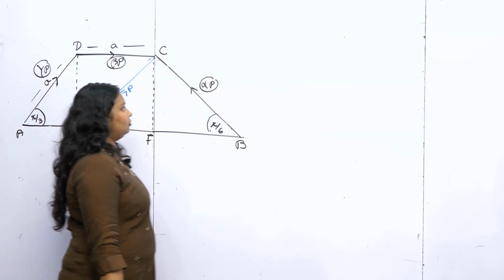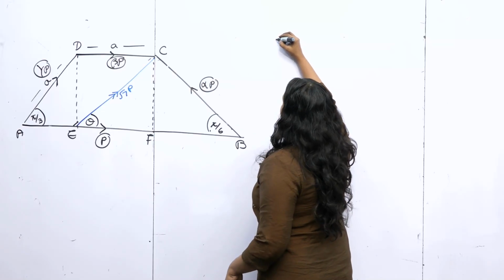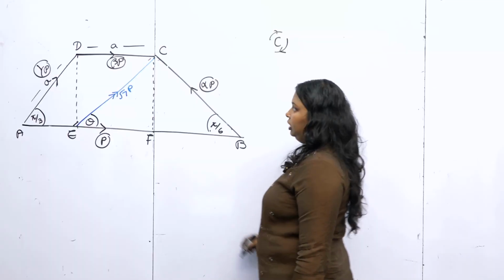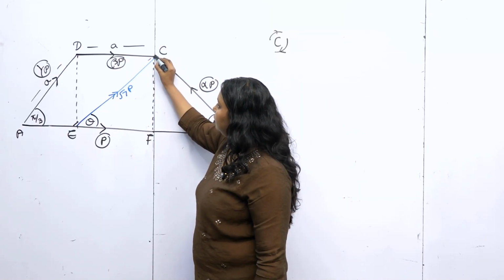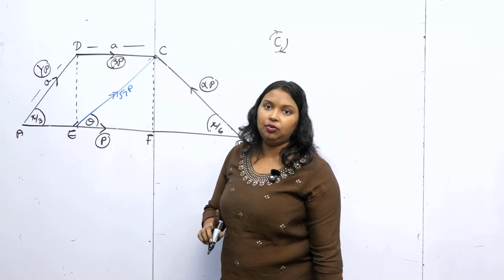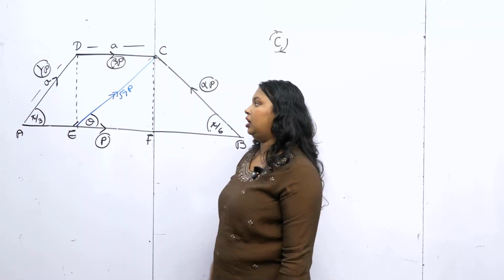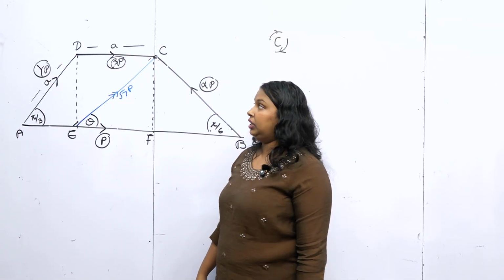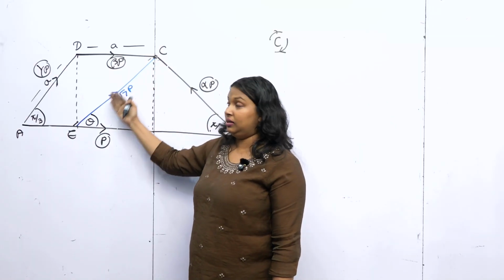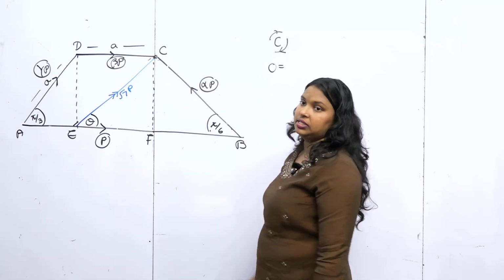Okay. Right. Let's take moments around C. Moments around C. Right? You can see when you take moments around C, moments from the resultant force around C should be equal to moments from all the other forces around C. Understood? Now does the resultant have a moment around C? No. The resultant is passing through C. So, moments from the resultant around C is equal to 0.